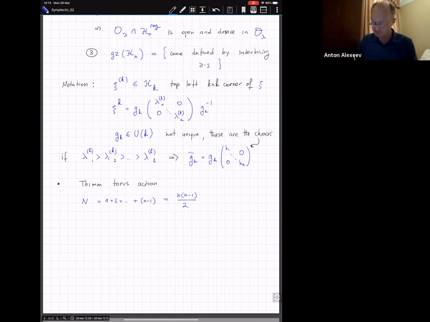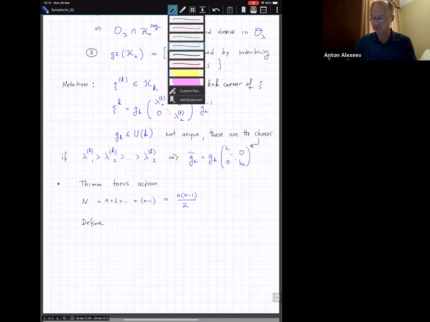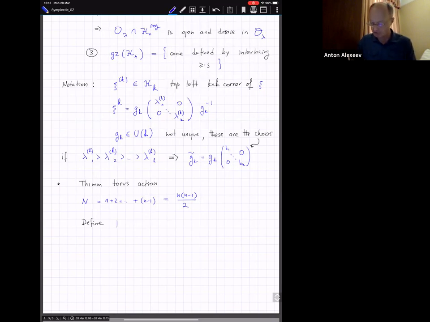And we define the torus of the corresponding dimension, Tn.